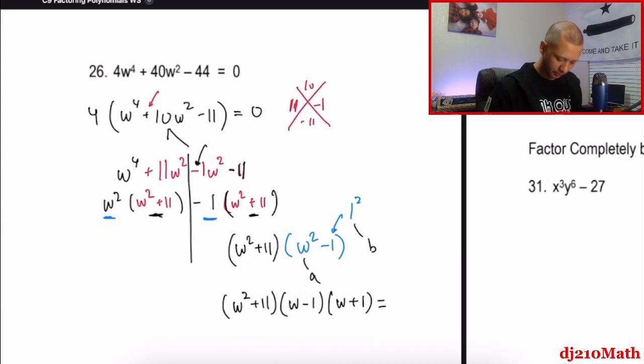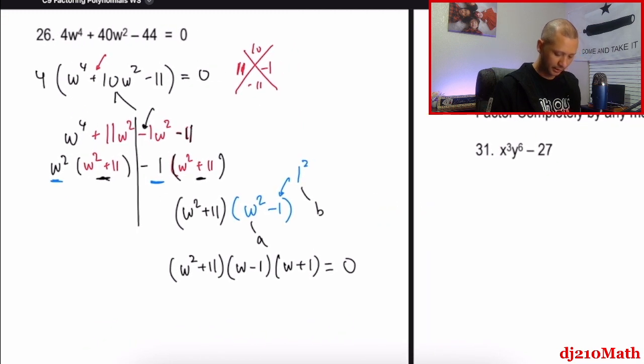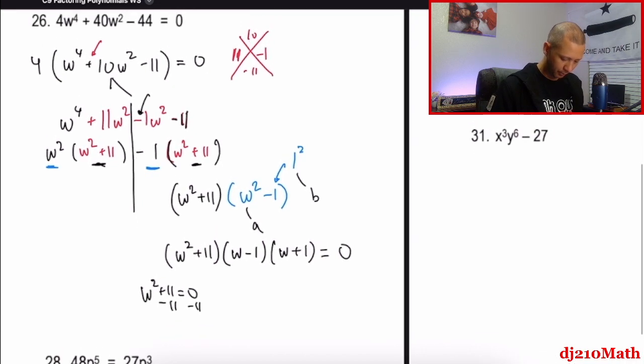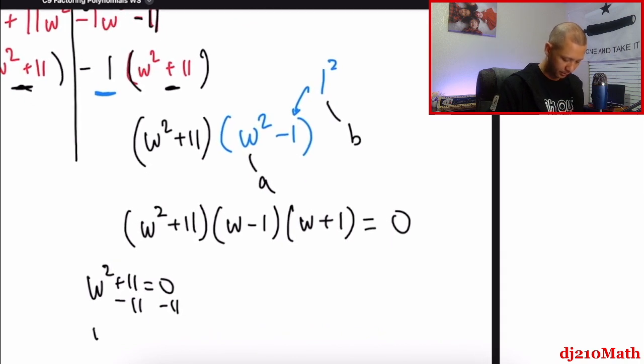This is equal to 0. So we have to set each of them equal to 0. So this is going to be w squared plus 11 is equal to 0. When you subtract 11, we're going to get w squared is equal to negative 11.